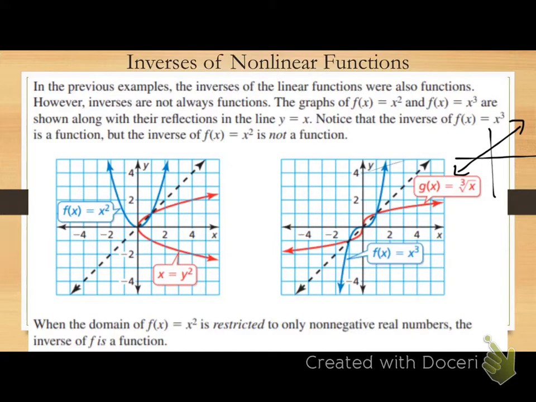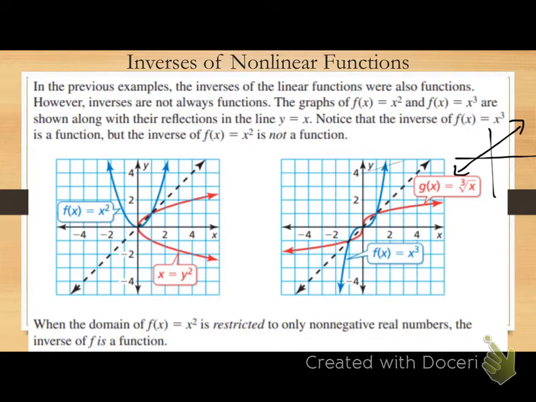The graphs of f of x equals x squared and f of x equals x cubed are shown below along with their reflections in the line y equals x. So here's my f of x equals x squared. Here's its inverse. Here's f of x equals x cubed. Here's its inverse.